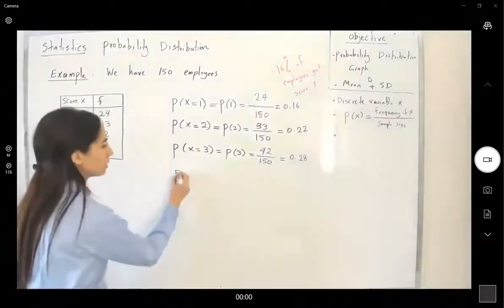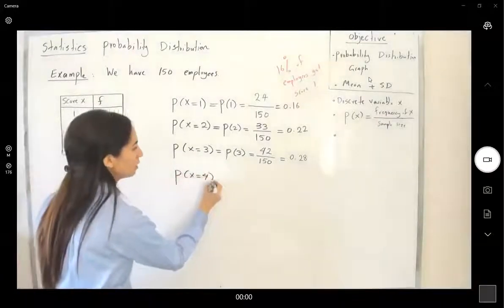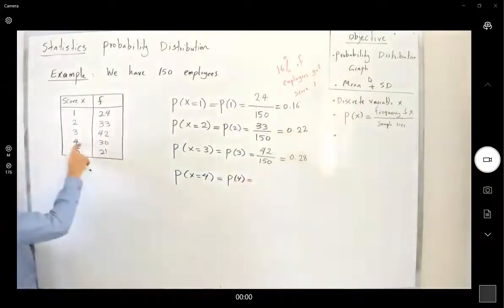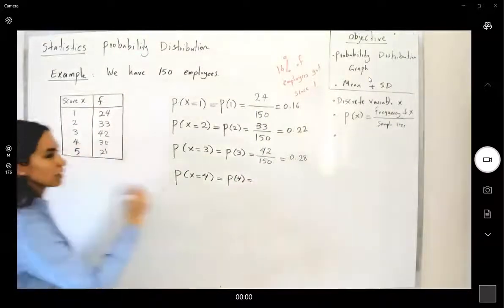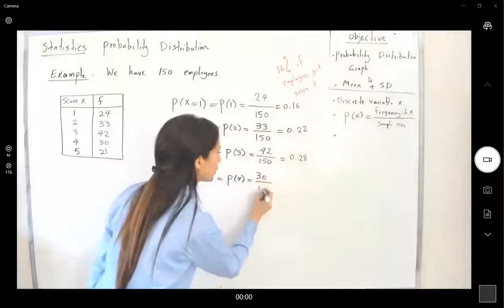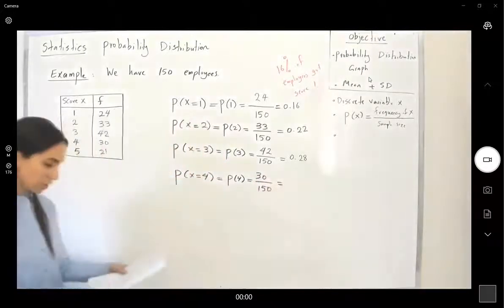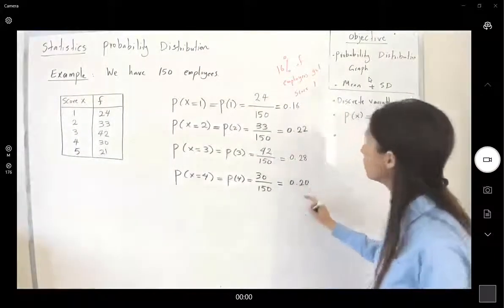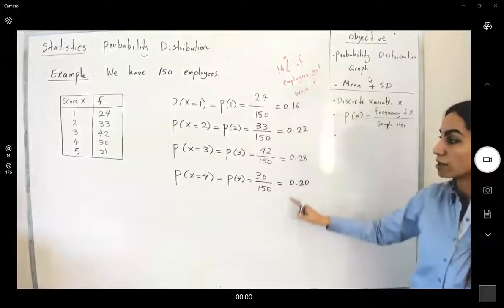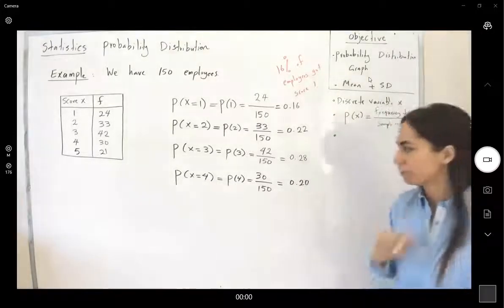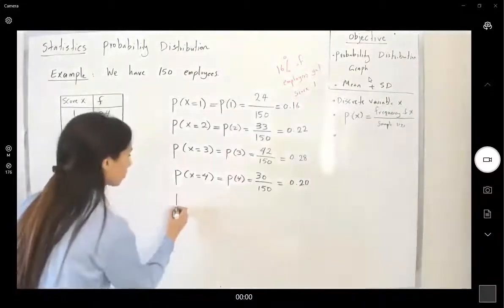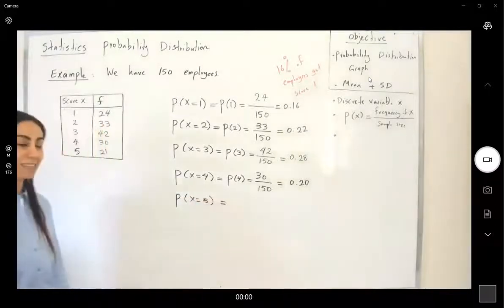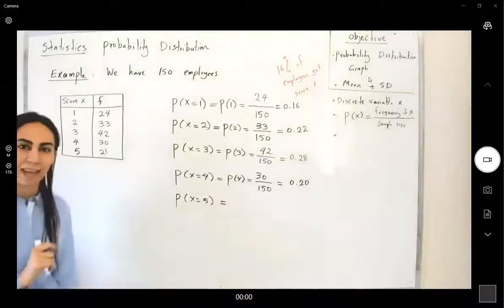Let us find the probability that x is equal to 4, or P of 4. This is the fourth category, score 4. We get 30 employees out of 150, which gives us just 20%. 20% of all employees got score 4. And finally, the probability that x is equal to 5, the probability that they belong to the last category.